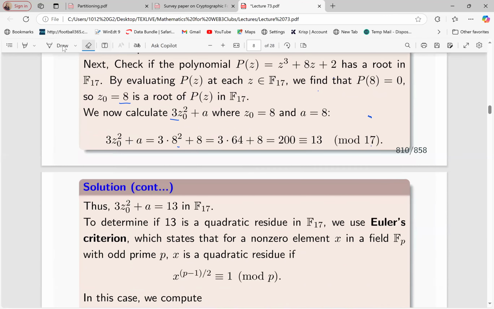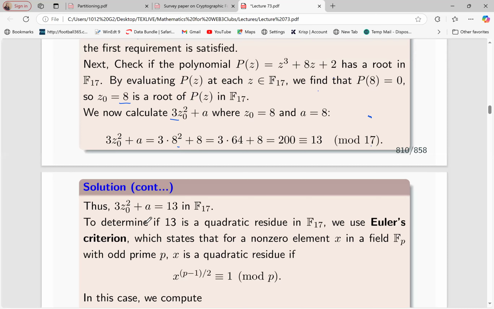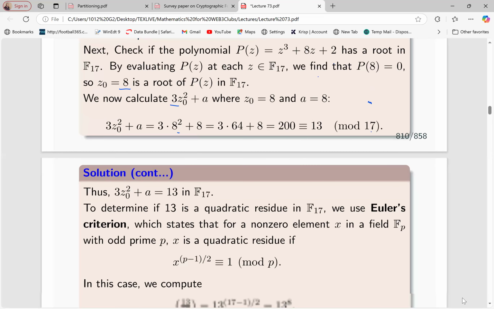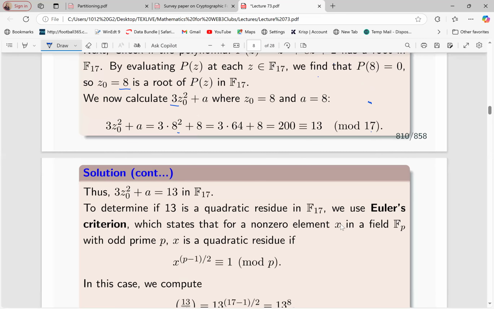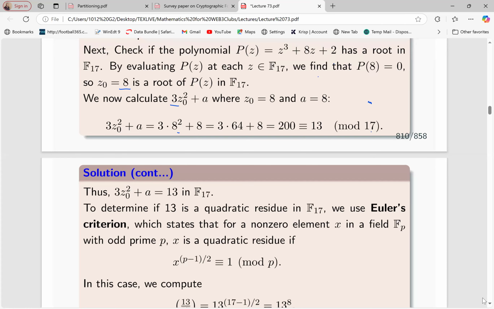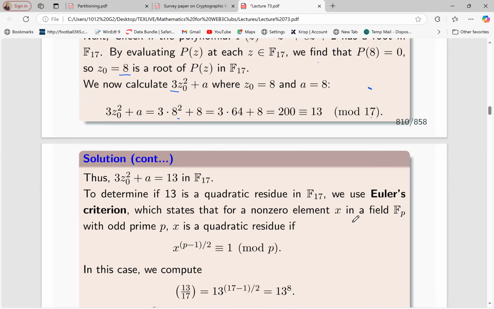So getting the square root, we use Euler's criterion for quadratic residues.